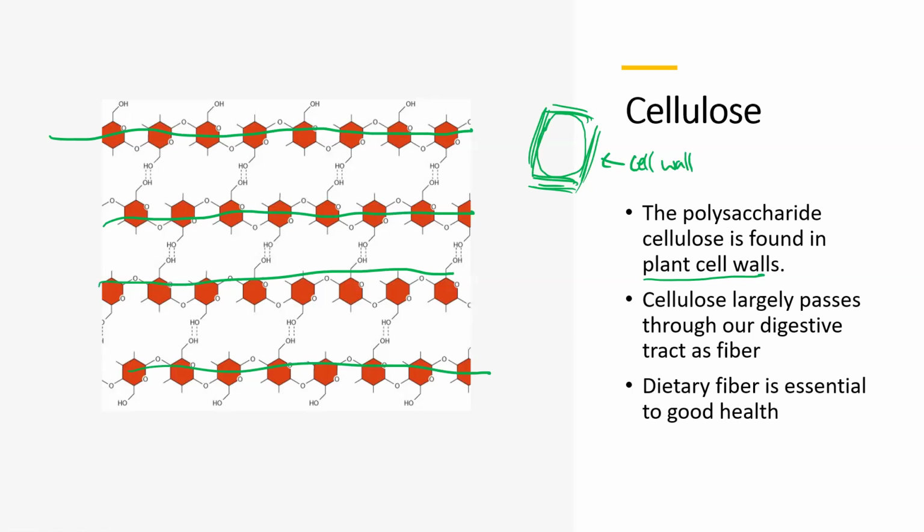When we eat vegetables, we are consuming these fibers. We cannot break down the fibers, though. We cannot break down the cellulose because we don't have the enzyme for it. But dietary fiber is good for our body because it helps move things along in the intestinal tract.